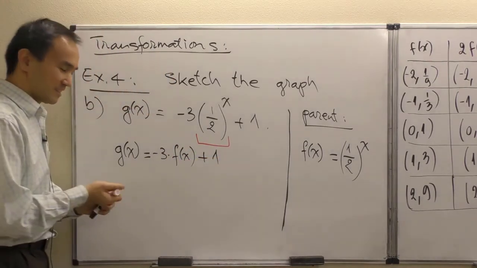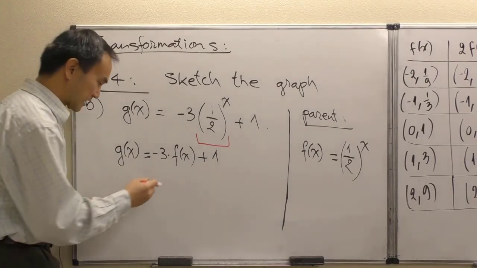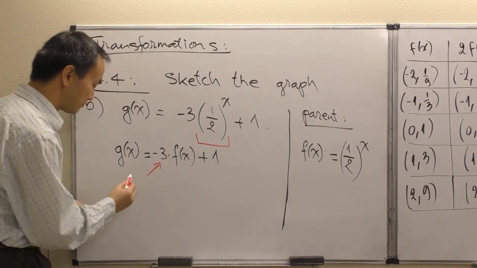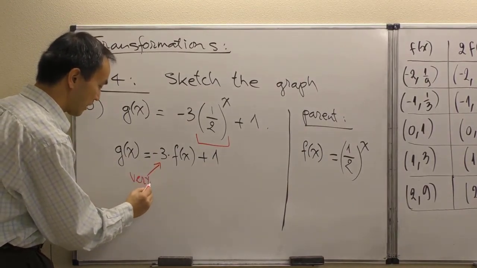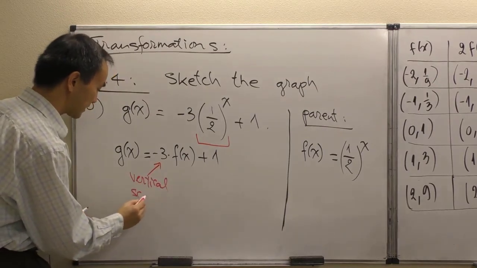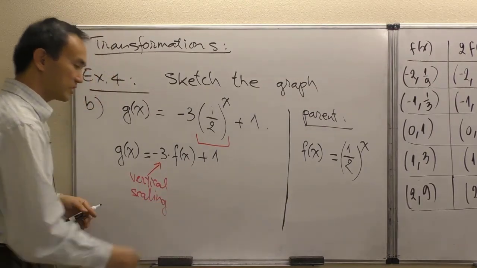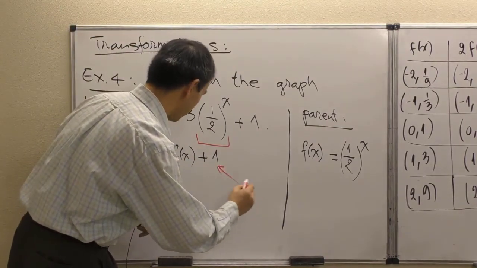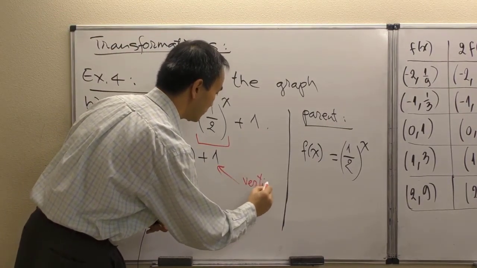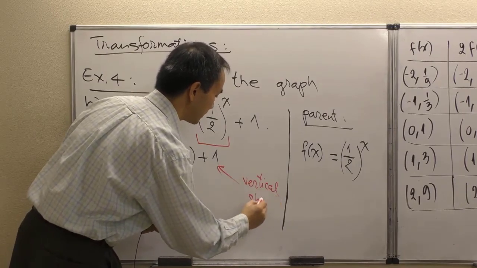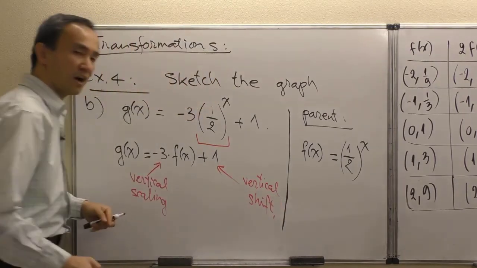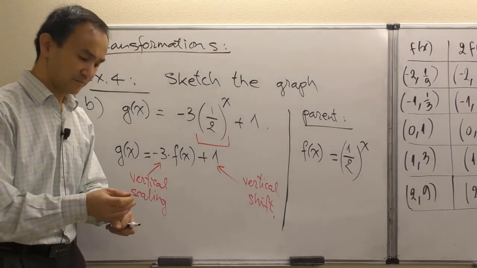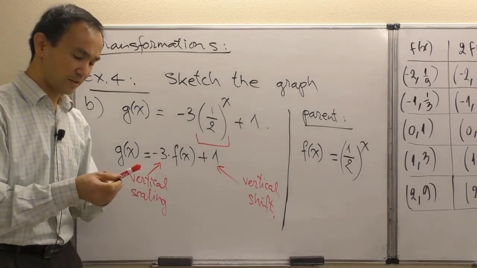All right, and so once again, this is what to expect. I am expecting some vertical scaling to happen first. And then in the next step, I am expecting to have some vertical shift, due to that plus 1.